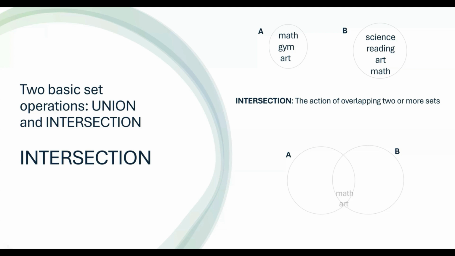Now, the next thing is we find what is shared between the 2 and put it into the middle. Then the rest will go in. Now, you see, the bit at the middle here becomes set C. And in set C, you have 2 elements. So you have math and art.